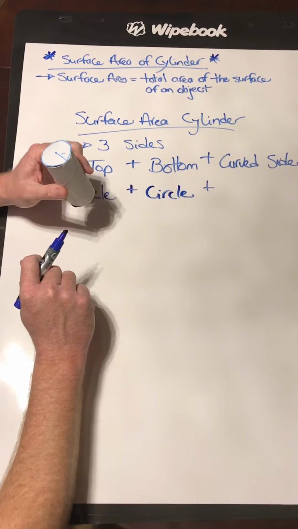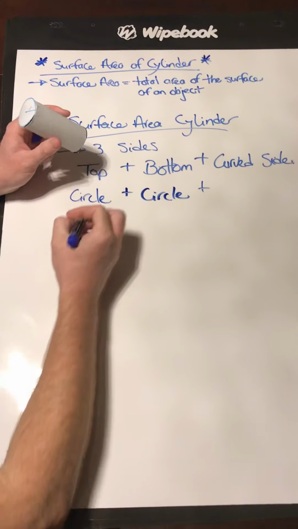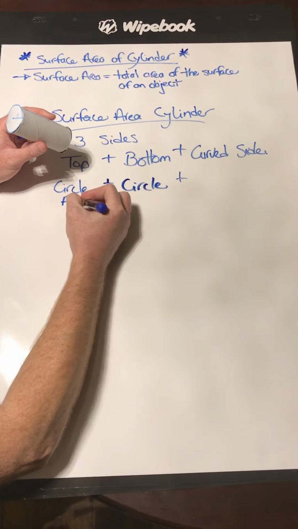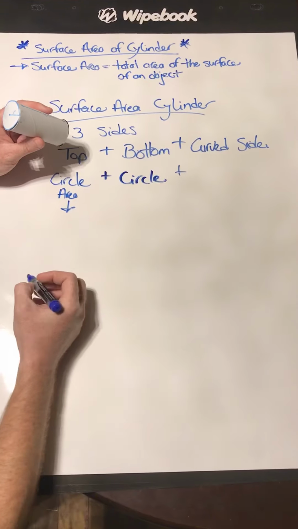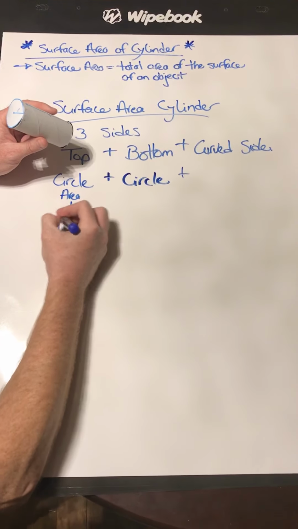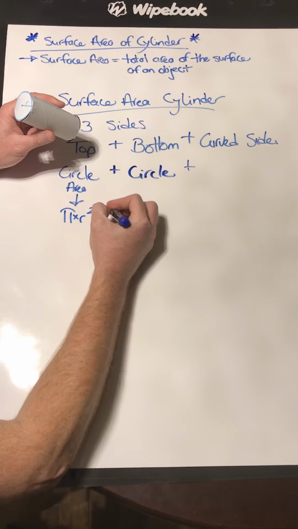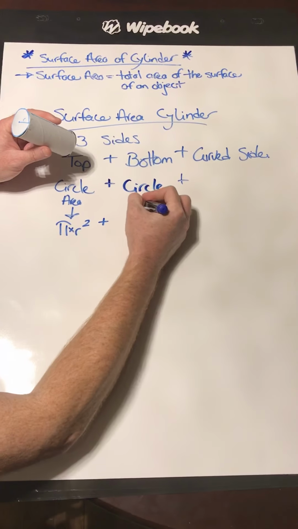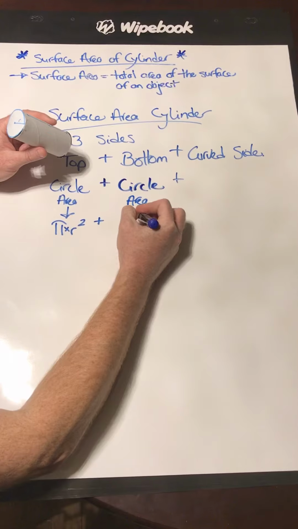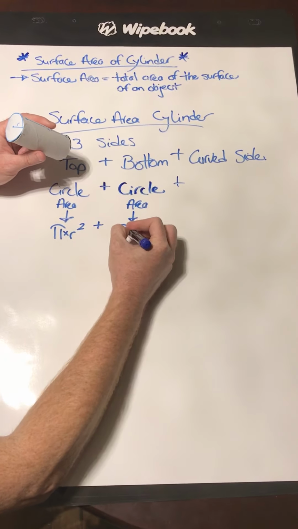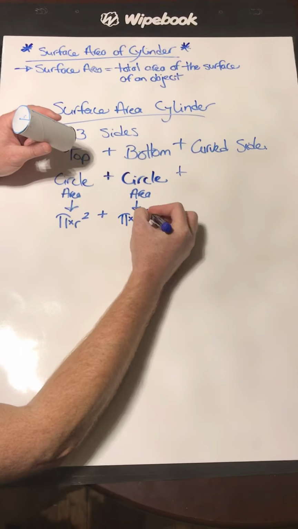And we know from our background knowledge that to find the area of a circle, well, that is pi times r squared. And obviously, being congruent circles or identical circles, for the bottom circle, it's also going to be pi times r squared.